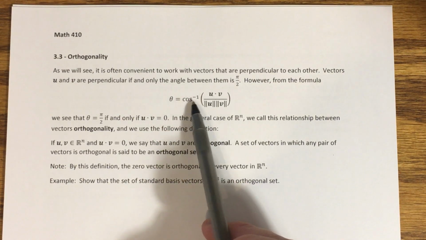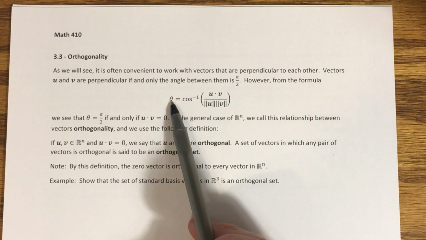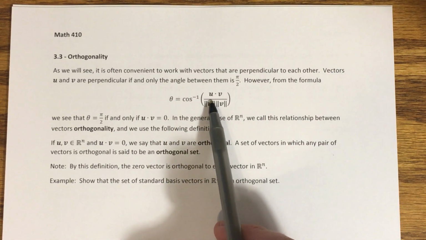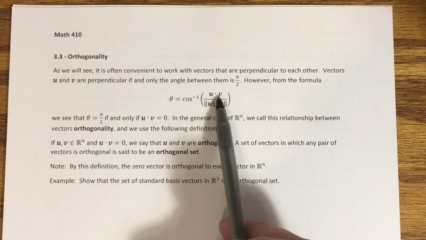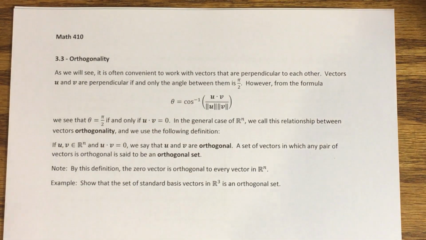So the only time that this theta will equal pi over 2 radians, or 90 degrees, is if this quantity is equal to 0, which will only ever happen if that dot product is equal to 0. So that gives us an alternative way of defining orthogonality. We say that two vectors are orthogonal to each other if their dot product is 0.